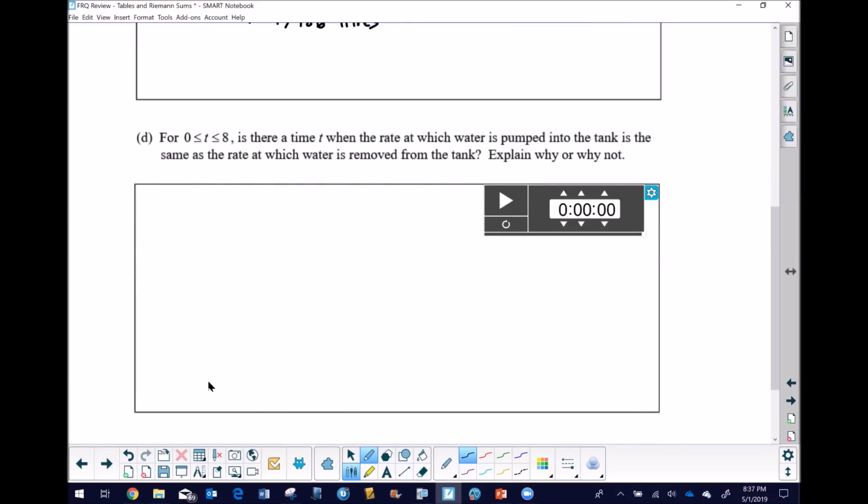And if we read this, it says 4 times 0 to 8. Is there a time t when the rate at which the water is pumped into the tank is the same as the rate at which the water is removed from the tank? Please explain why or why not.